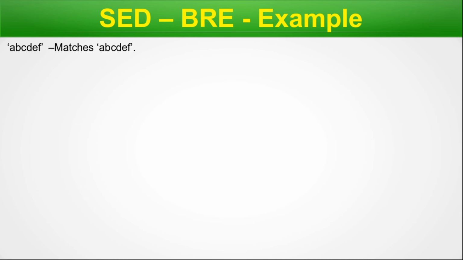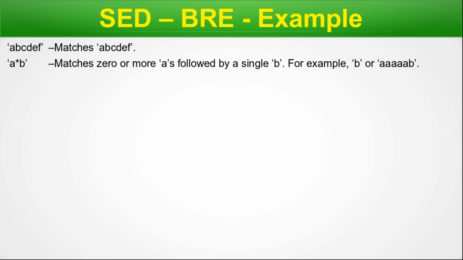A, B, C, D, E, F. If we use that string for matching, it matches A, B, C, D, E, F. Then if we use A star B, this matches 0 or more A followed by a single B. So for example, B or A, B. Okay, so star is 0 or more times. So this can match A star B with B or multiple A then B.